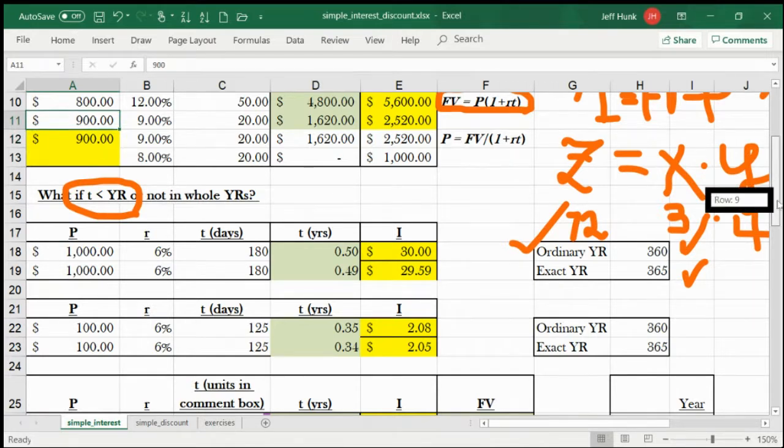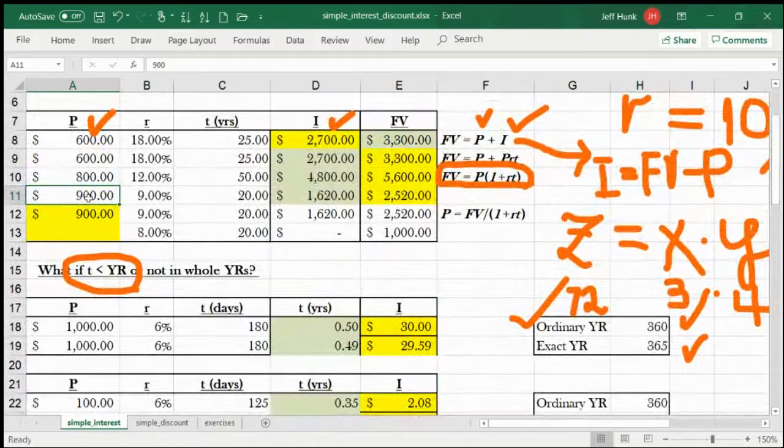Well, and we already knew the answer because we started in the previous problem from a principal of $900, same interest rate, same number of years, and then that got us to this future value. So if you solve it in reverse, in other words, finding principal, it's exactly the reverse process of the future value.